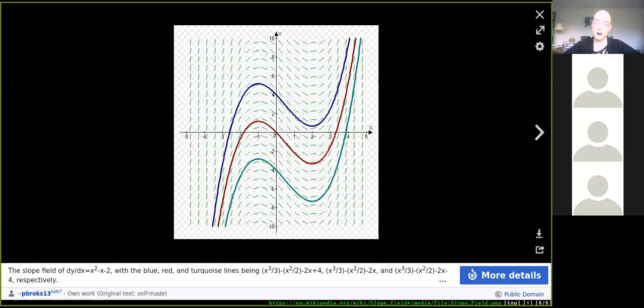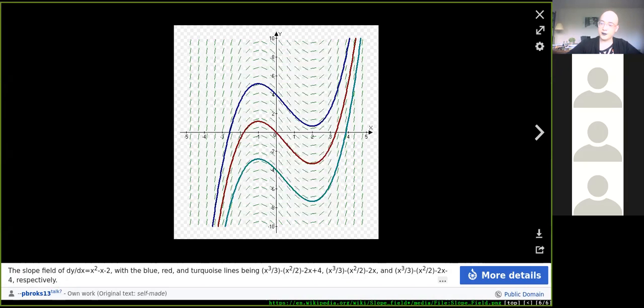Why is it called that, and what are these little lines on it? Those are kind of the same question. Remember, y prime, dy dx, that's a slope. We think of it as a slope of a tangent line.